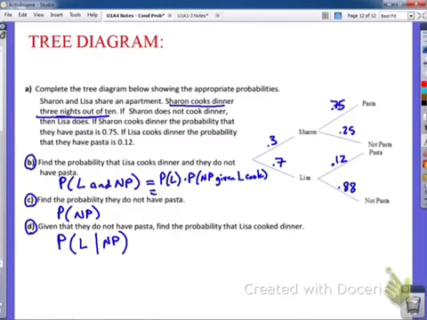So that is 0.7 times 0.88, and in your calculator, that comes out to be 0.62.